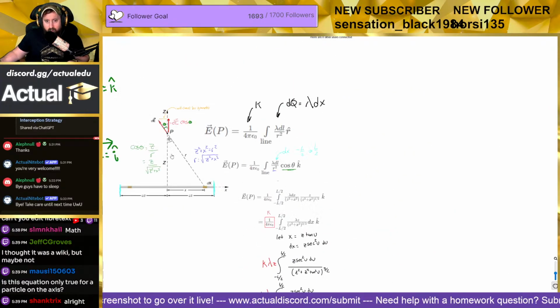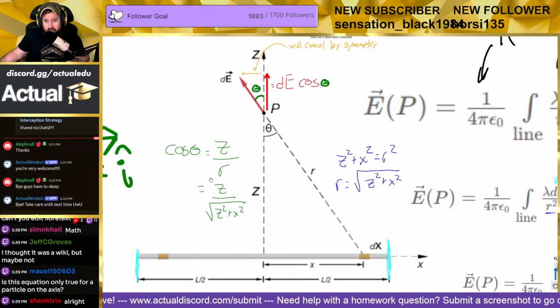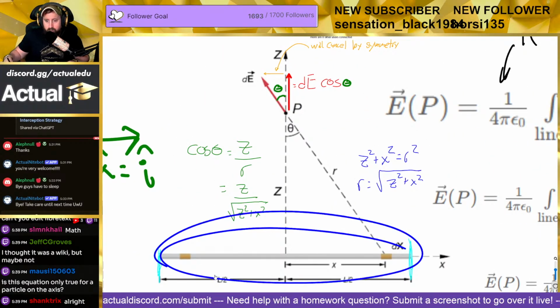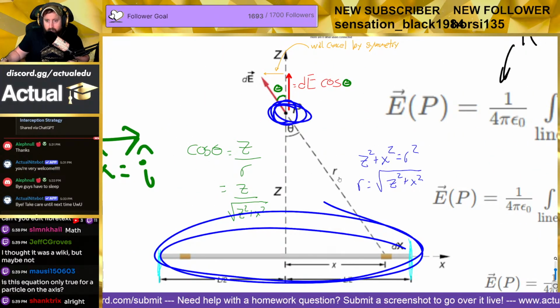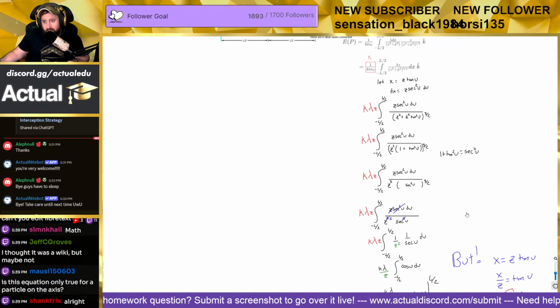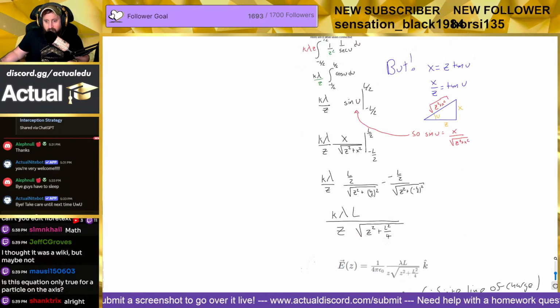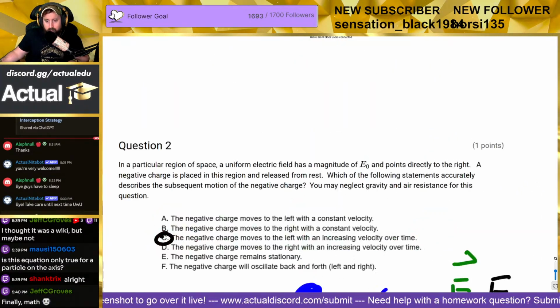I was doing this question, where you have an infinite line of charge and you're figuring out the electric field here due to all these little individual dQs. The calculus is kind of hellish, the integrals, and I found 2 different sources that messed up the integral.